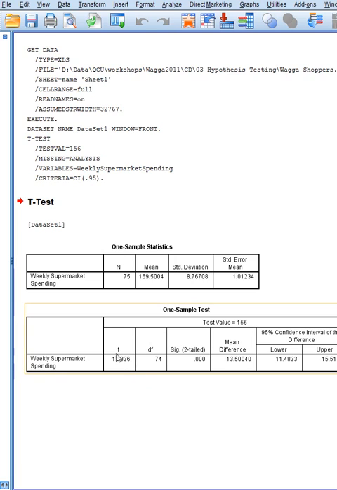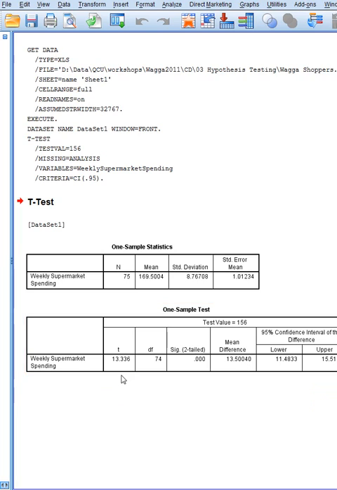We get a t-value, the degrees of freedom, the significance level, and it also tells you the mean difference between the test value and our sample mean. So if you do 169.50 minus 156, we'll get $13.50, and then we get the confidence interval for the difference.